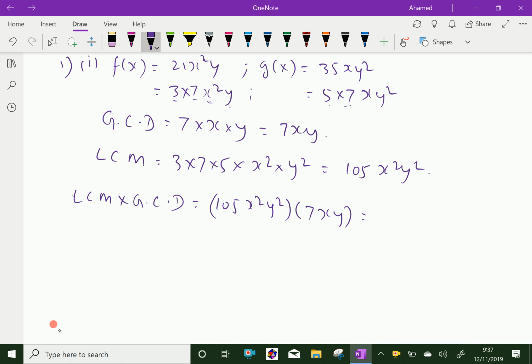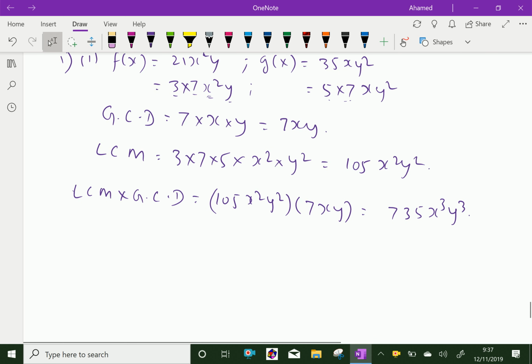So 7 5s are 35 and 7 ones are 7, 735. x square into x is x cube, y square into y is y cube.